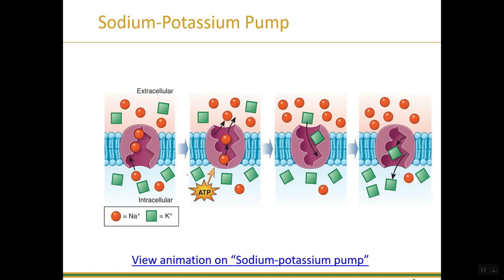Once all 3 are connected, you're seeing in 2, ATP is released to move them to the outside of the cell. The outside of the cell picks up the 2 potassium and brings the potassium into the cell. So that's the example of the sodium-potassium pump.